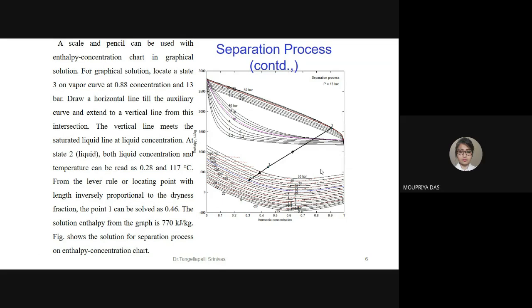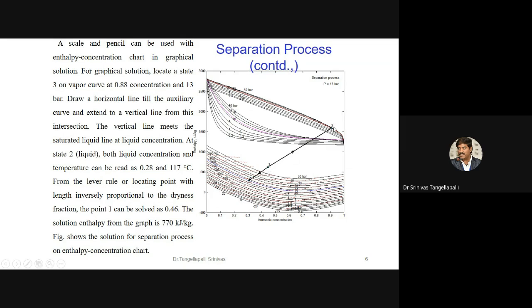Vapor side 30%? No, it's the opposite side, the lever rule is opposite. Yes, sir. State 3 refers to the vapor, so on the opposite side you have to maintain 30%. The length 1-2 is 30% of the total length.